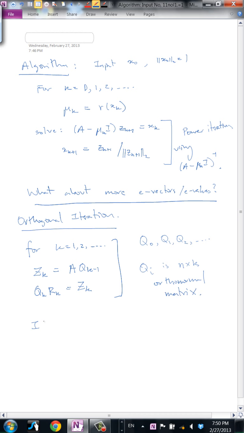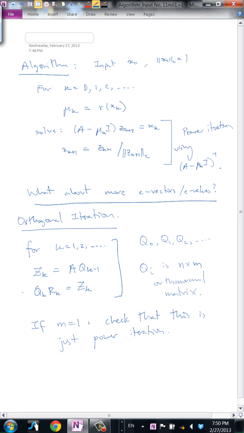So this will return m of the top singular vectors. If m equals 1, check that this is just the power iteration.